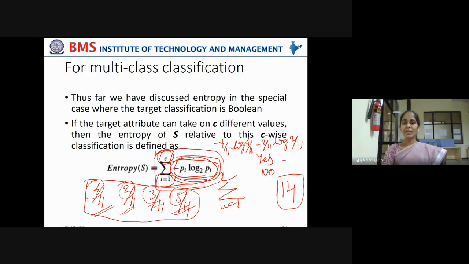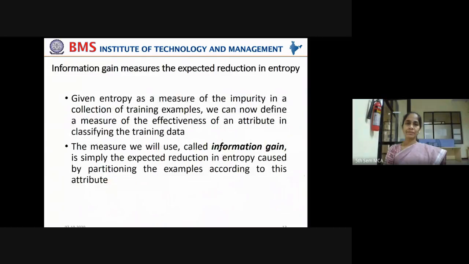Pi is the proportion of the training examples that belong to class i. So that can be calculated using this formula. Just as we have seen for binary classification, we have generalized it to multi-class classification. If there are C number of classes, then this will be the formula to calculate it.